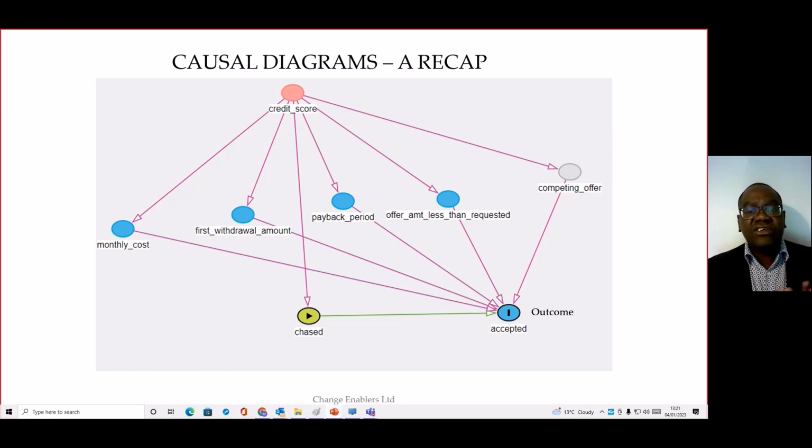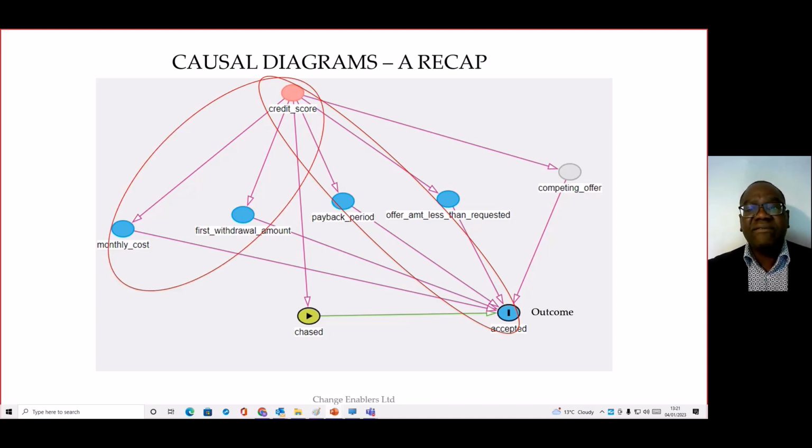However, the accuracy of that estimate depends on the structure of the specified causal diagram. So, for example, we specify here that the credit score impacts the payback period, which in turn impacts the probability of acceptance. But if that causal structure does not reflect reality, then a causal estimate will be incorrect.